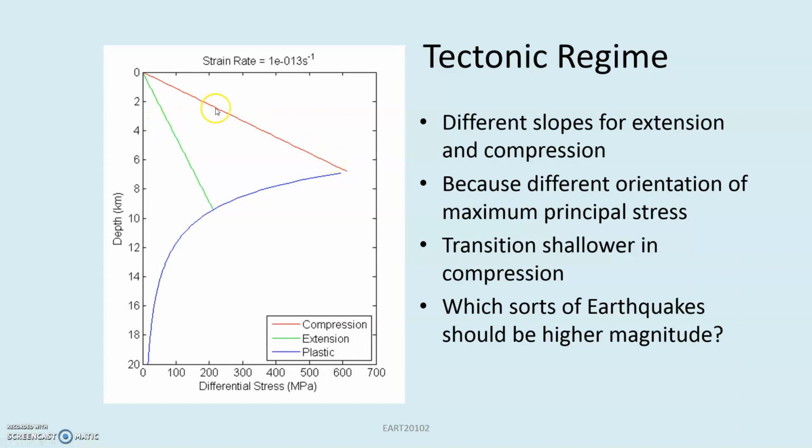So this difference is just due to the orientation of the principal stresses. And you get a shallower transition between the faulting and the plastic regime. So this point here is shallower in a compression regime than in an extension regime.